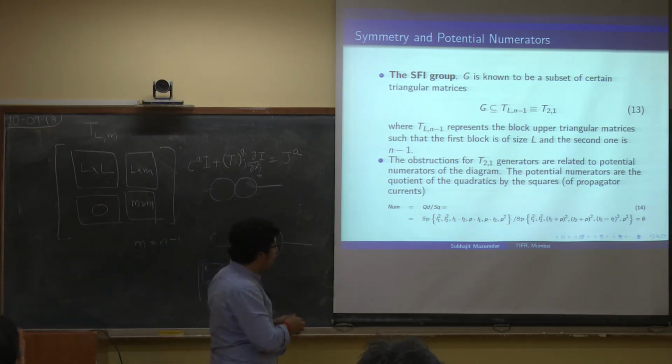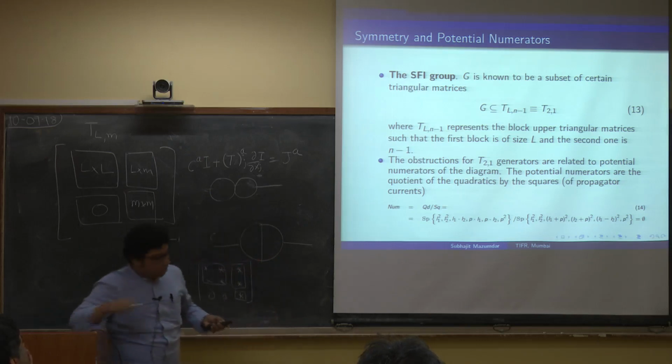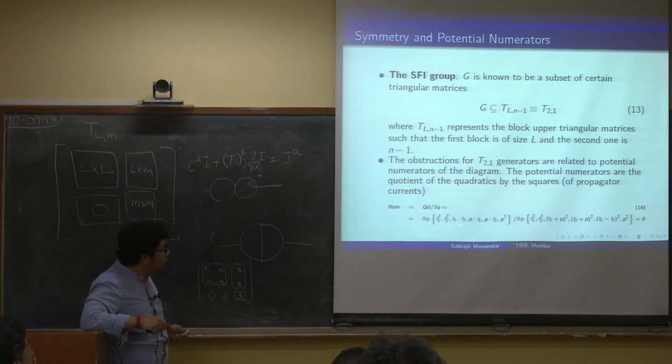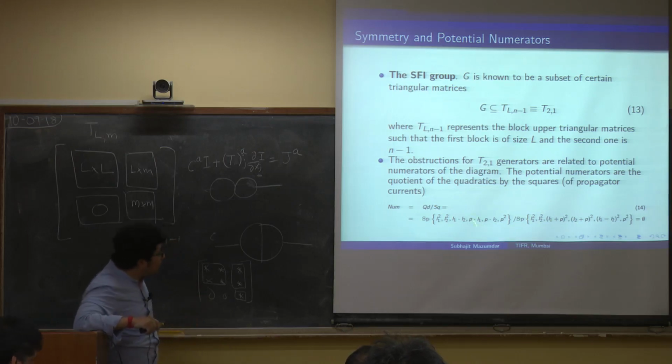So now, for a particular diagram, it is most useful when these potential numerators are not there or are fewer in number. So we count how many kinematical invariants can be built out of the momenta.